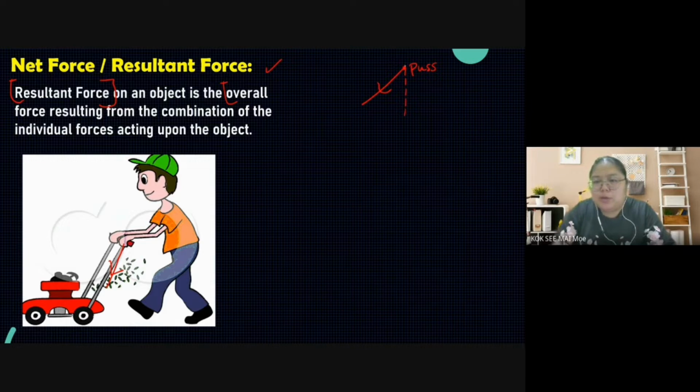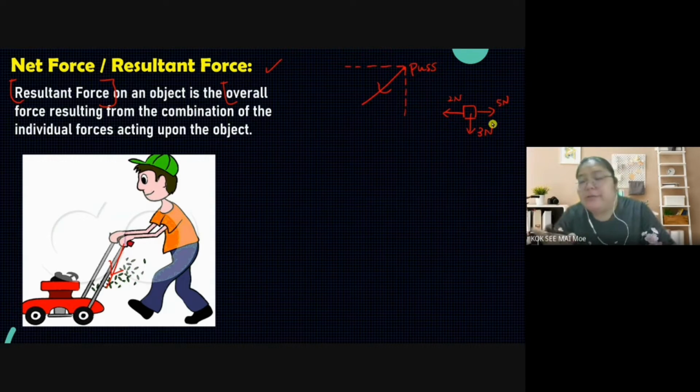Let me just show you, inclined plane, that means we need to create the horizontal line and vertical line. For example, the object in front, behind, like this we can plus, we can minus: 5 Newton, 2 Newton. After that, you say 5 minus 2, no problem. If I have another one, 3 Newton, you cannot say 5 minus 3. Cannot, because your direction is different.